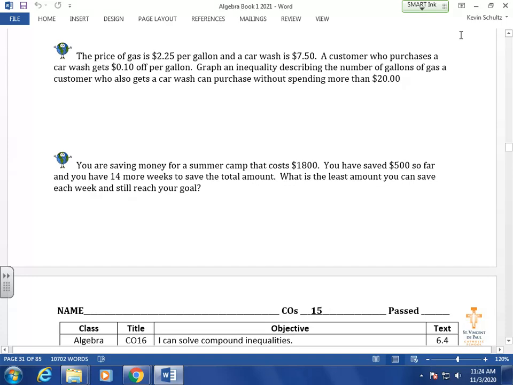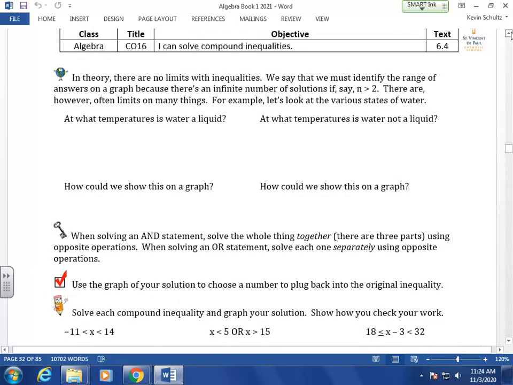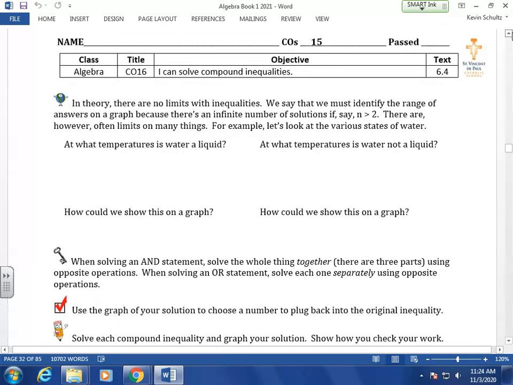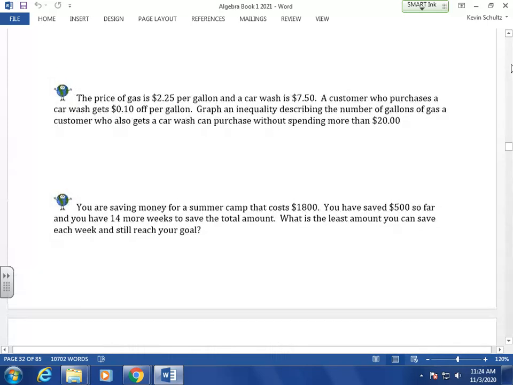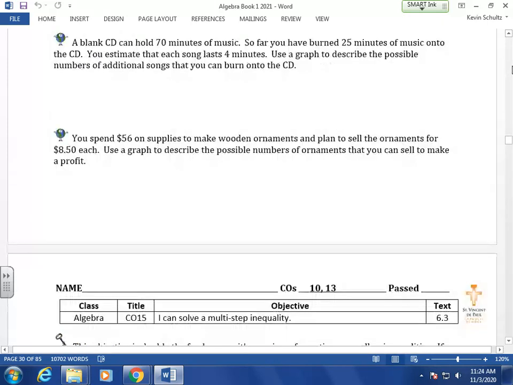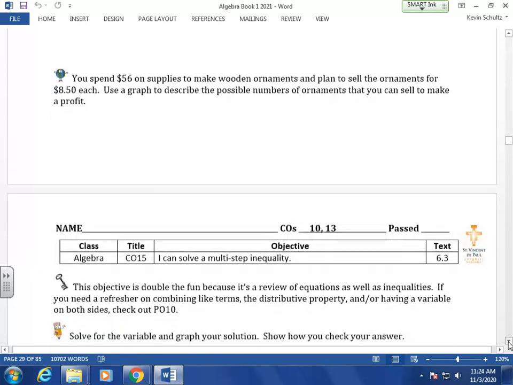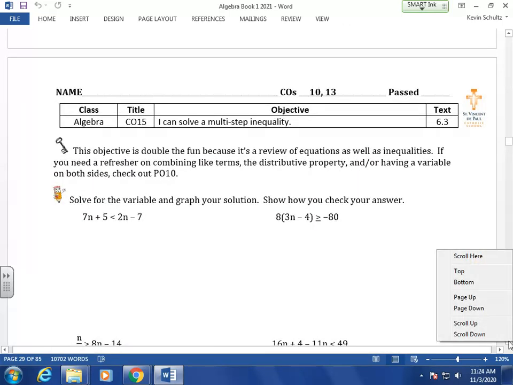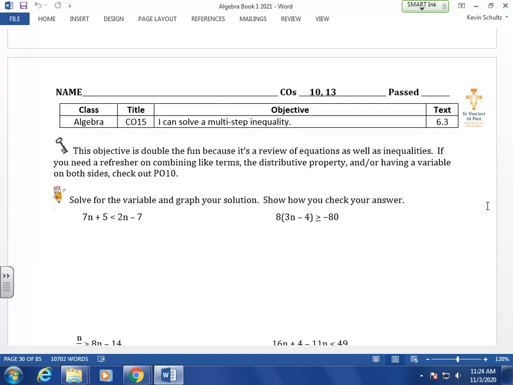CO16. So we prefaced CO16 earlier. But before we dive into this, I should also say, if you are looking for more practice with CO15, maybe you got only half of them correct and you're just not quite there with your confidence, there are two places that you can go to. Either look at the top of CO15, and in this literal text box, that's the chapter and section in the textbook that you can look for more explanation, more examples.